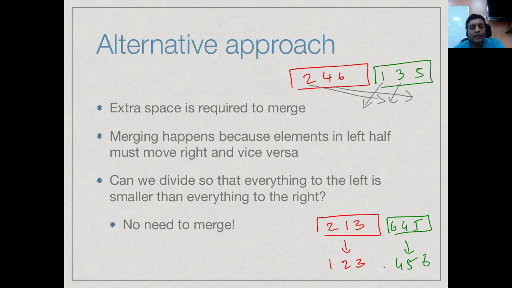Then if I had guaranteed that the split was such that everything on the left is smaller than everything on the right, after doing this divide and solving the subproblems, there is no combination step. There's no need to merge. Okay? So our next sorting algorithm will look at a strategy to implement this idea.